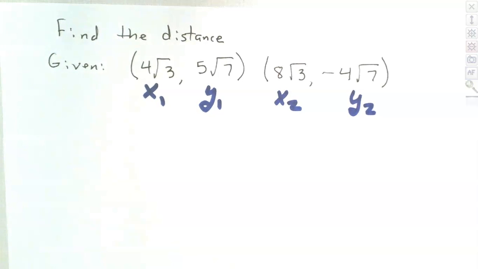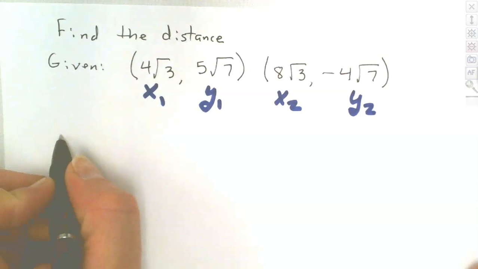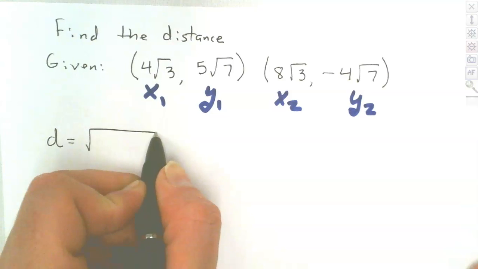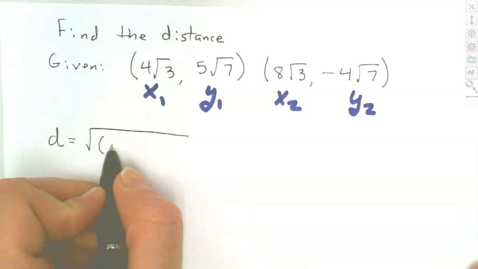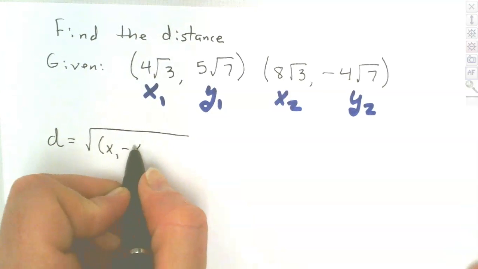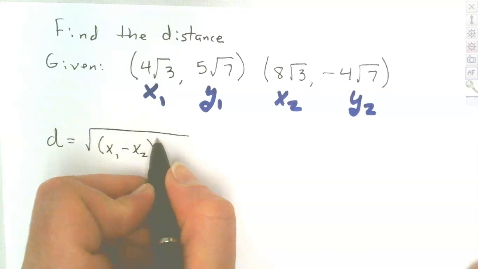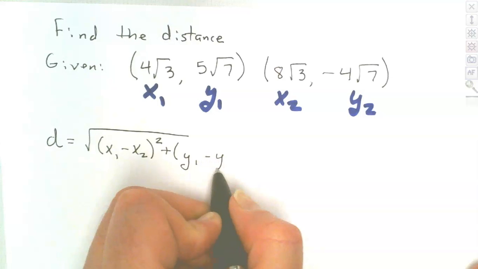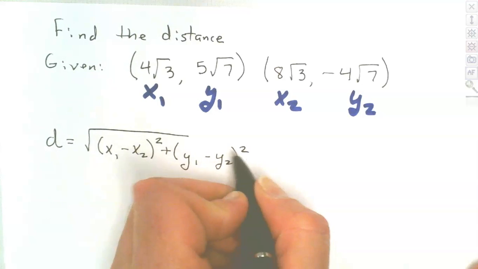So now let's go ahead, write up our formula. So your distance d is the square root of x1 minus x2 squared plus y1 minus y2 squared.